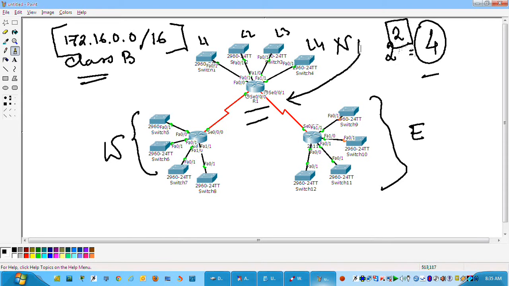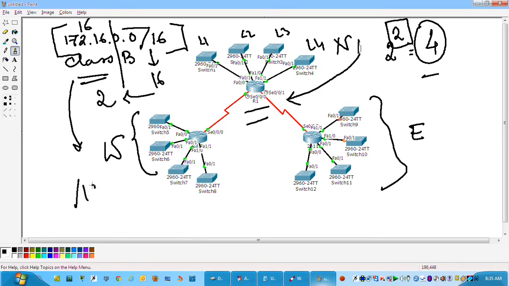Okay. So this is 16 bits, this is the network. From the host 16 bits, I have to borrow 2 bits. So that means it has to be /18.